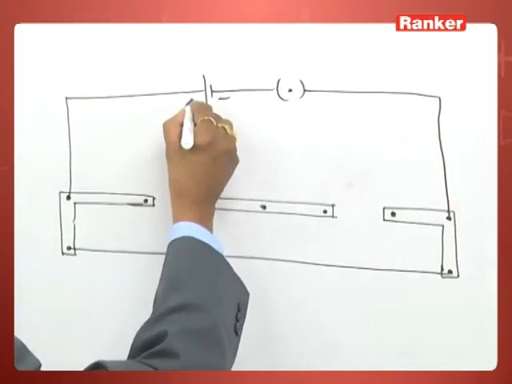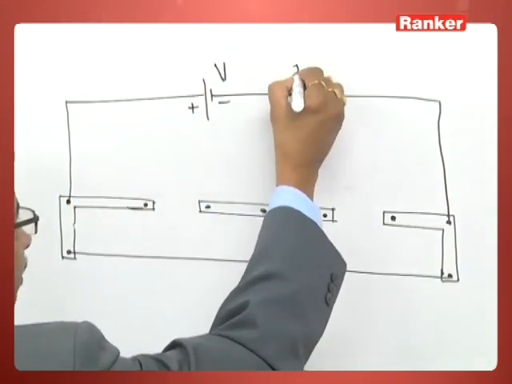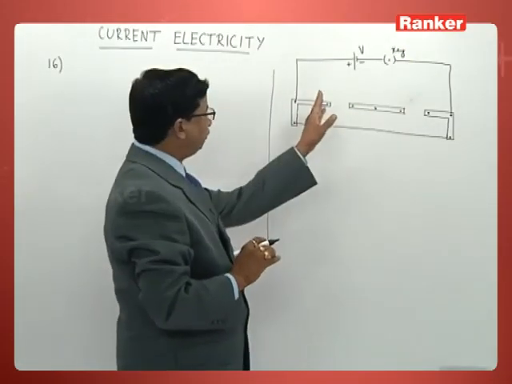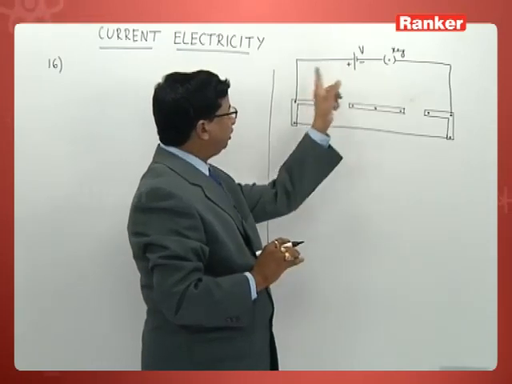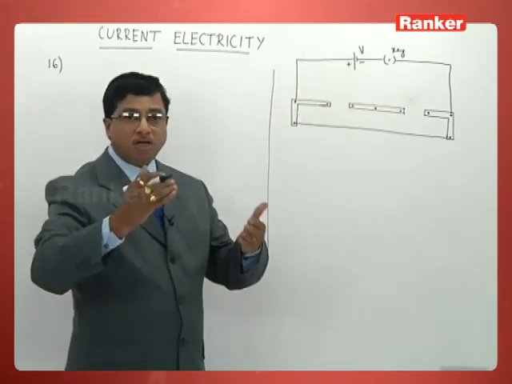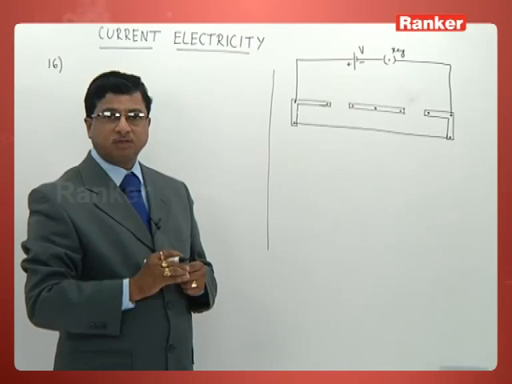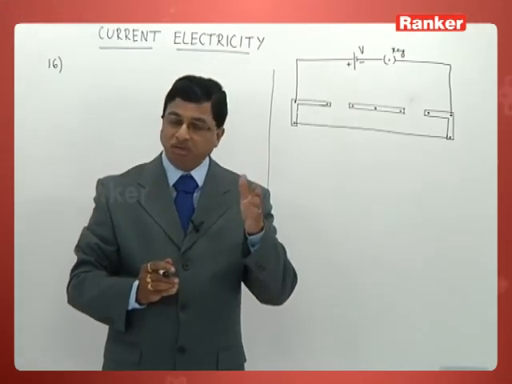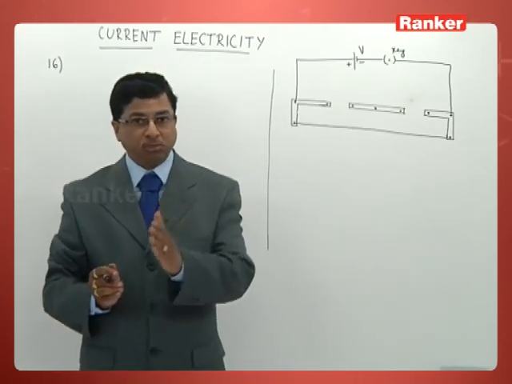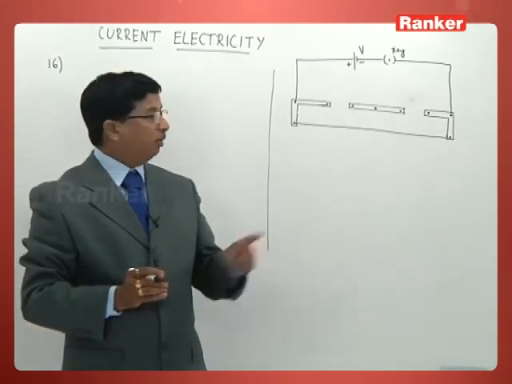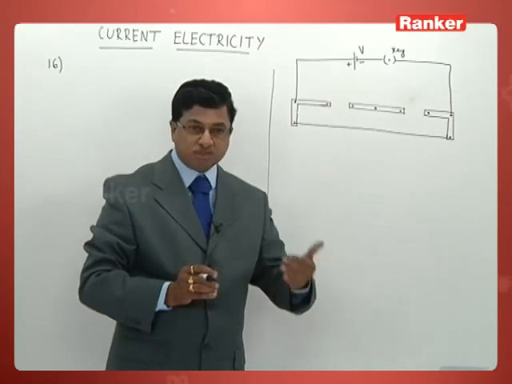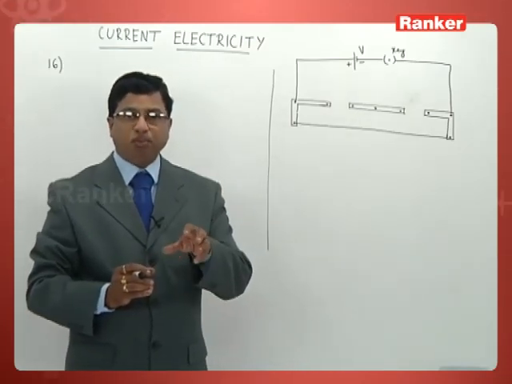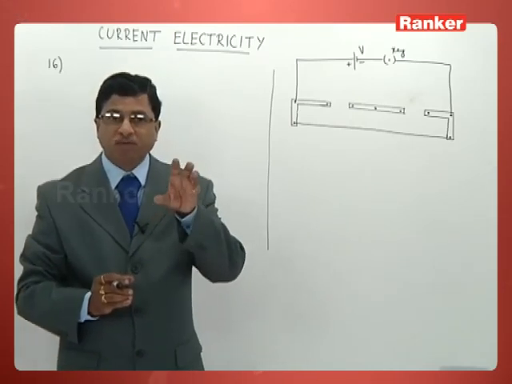This is the cell and this is the key. All of you should understand straight away, this circuit is called the primary circuit. What is the importance of a primary circuit, either in a meter bridge or in a potentiometer? The primary circuit is responsible for giving the required potential difference to the system.